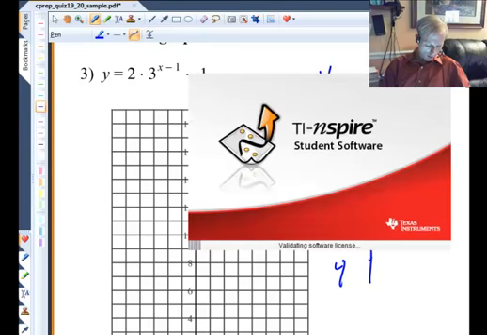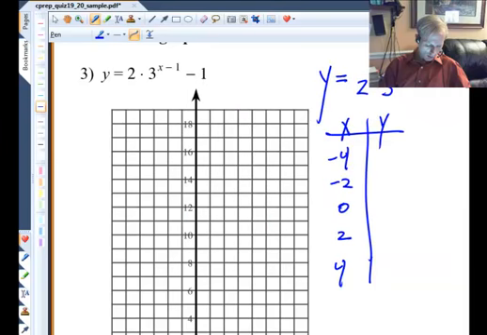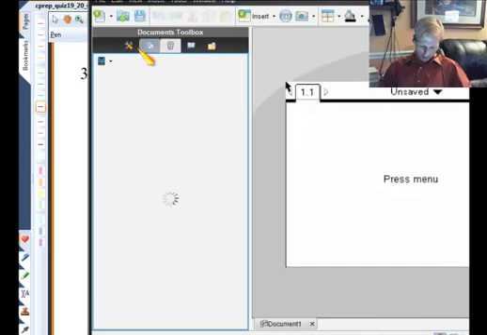That gives me 2 over 81. Let me just do 2 divided by 81. Alright, let me use one of my other calculators. So 2 divided by 81 gives me 0.024. So here I'm going to have 0.024.